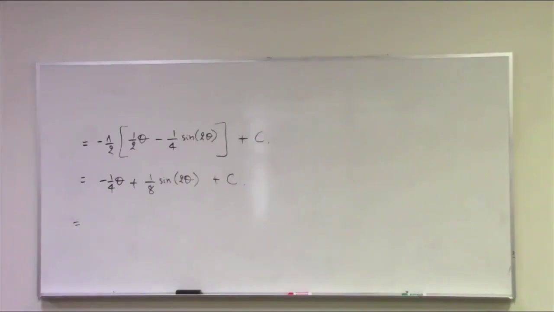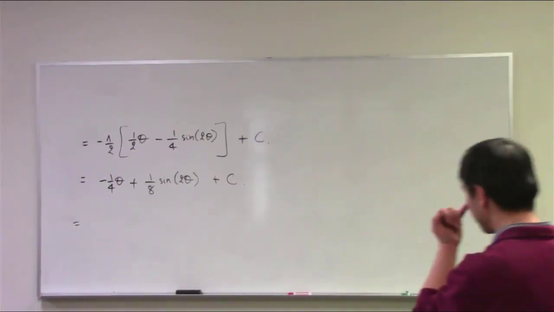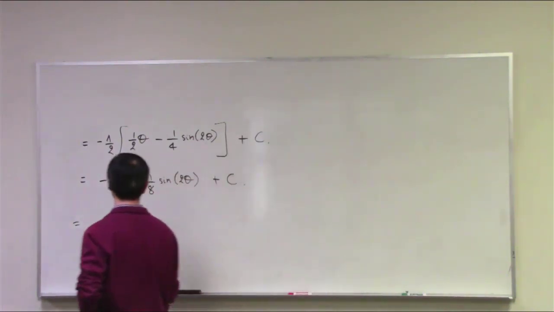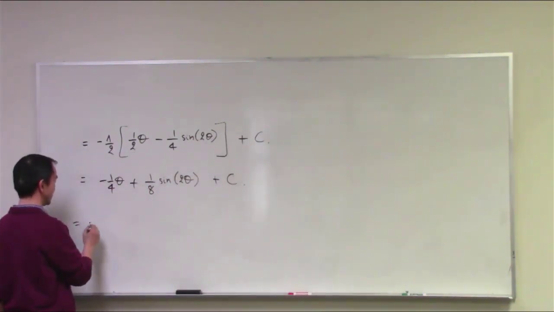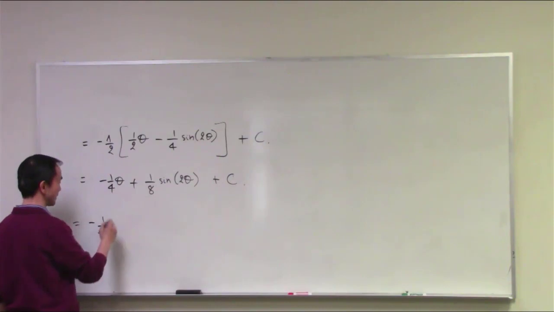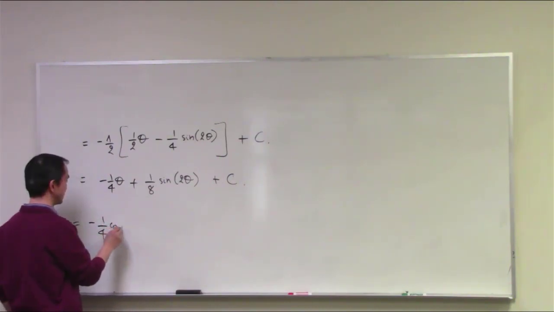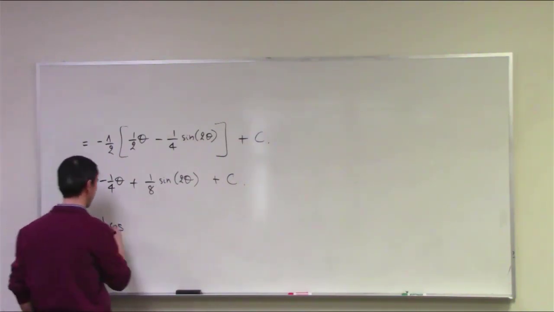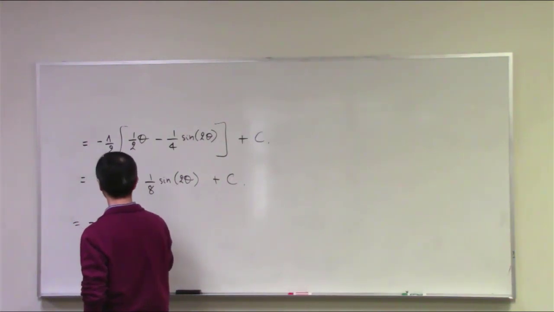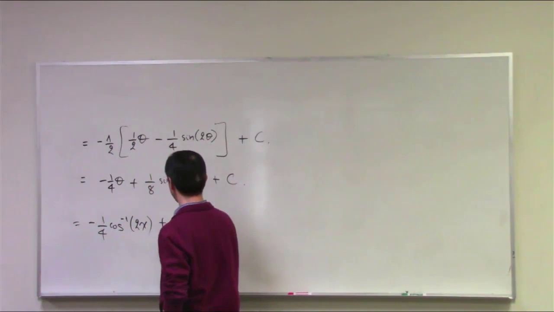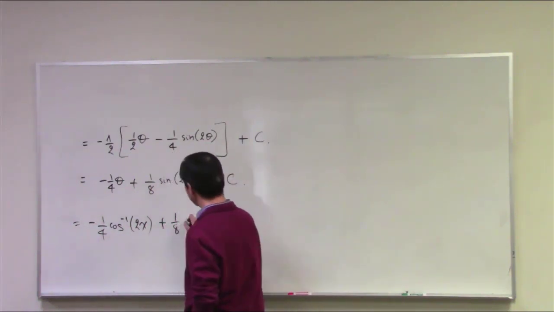I'm going to bring that information back into my problem. So theta, with the 1/4, is a cosine inverse of 2x. Also 1/8. Now, how do I write sine of 2 theta?